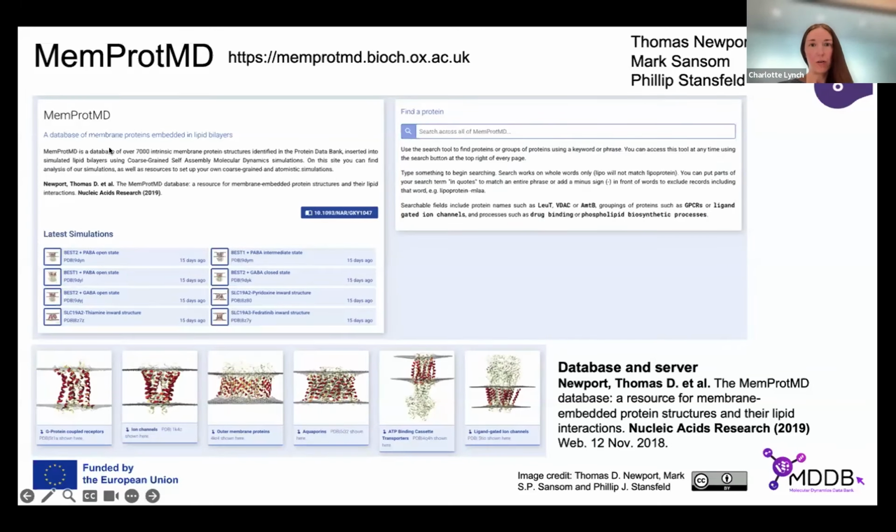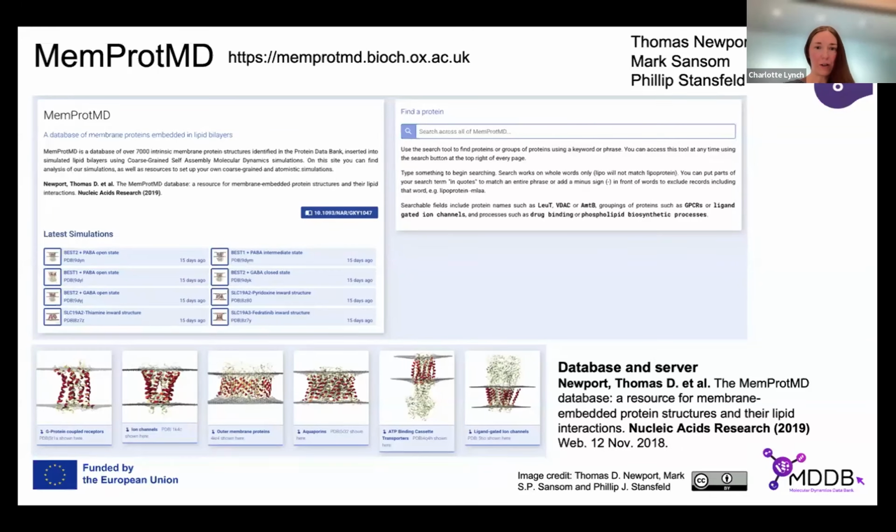If you were to go onto the website, then you'd see a web interface that looks a bit like this. What this database holds is a whole set of outputs from simulations of membrane proteins, which are embedded in lipid bilayers using coarse-grained molecular dynamics simulations.